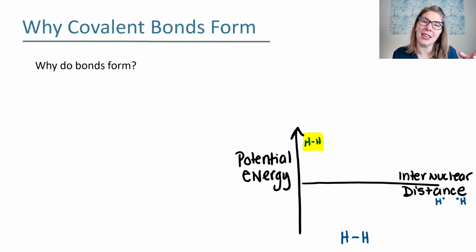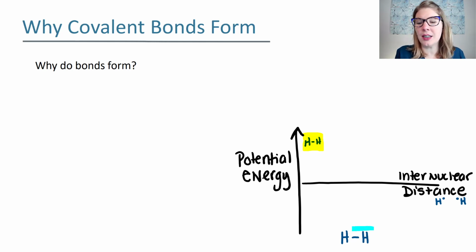And so in order to form a bond, your hydrogens, and I'm just using hydrogen as an example here, are going to get close enough to one another that they can share those electrons. But if they get too close, then there are repulsive forces that occur, and the potential energy is high.